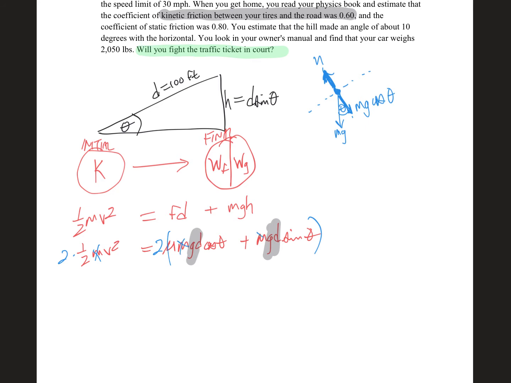M is common to every term. So that means my V, which I can square root everything since that was V squared, would be 2GD, that's all the common terms, times mu cosine theta plus sine theta. Mu is a fraction, a pure number, and the trig functions are fractions.